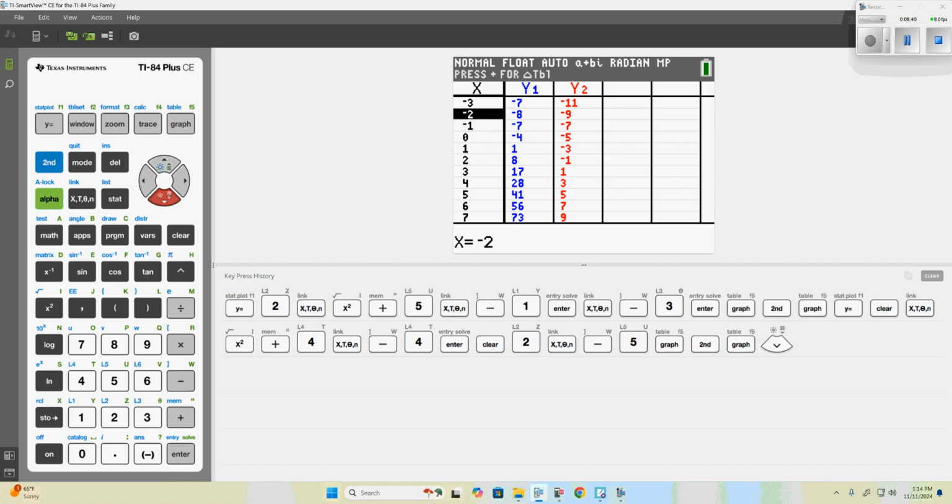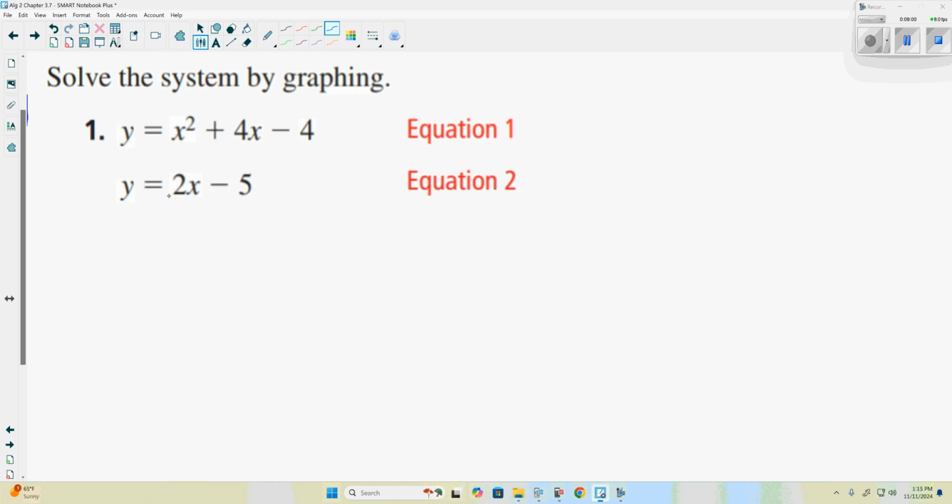And that value is, well, the y value would be -7, but the x value is what? What's our point? It would be -1, -7. That's our point of intersection.